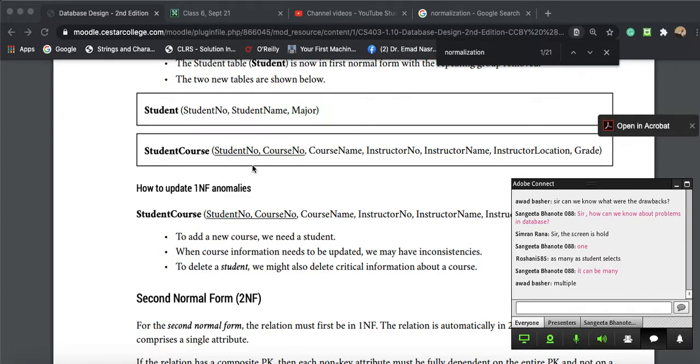Now, I don't need to repeat student name, student number, and major. Here, of course, I will repeat the student number, but with different course numbers.